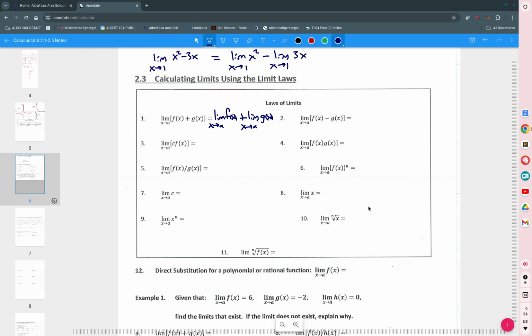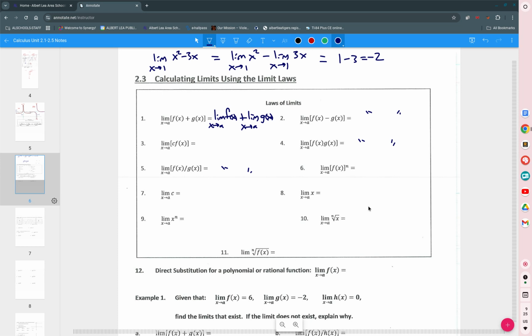Or in other words, 1 minus 3 is negative 2. So you could take the addition of limits and break it up into two pieces. The same thing for subtraction, okay? Same thing for multiplication. Same thing for division.